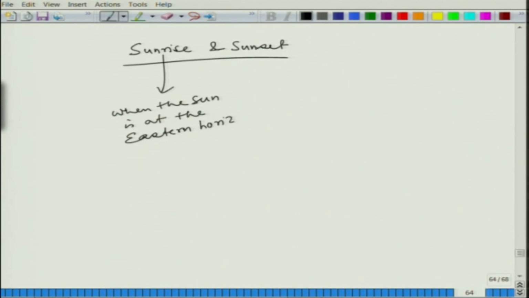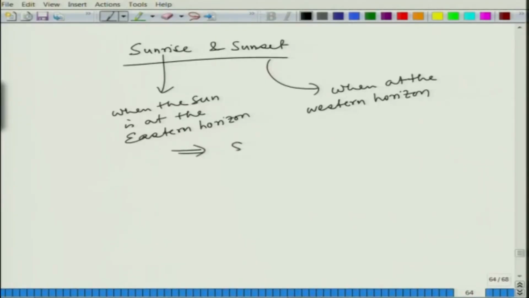And sunset, what do we say? When it is at the western horizon, right. That is how we define. You do not need a watch or anything, you just see the sun, you can say this is the sunrise point, this is the sunset point, and this is the noon point. This you can define, and that is actually called solar time.